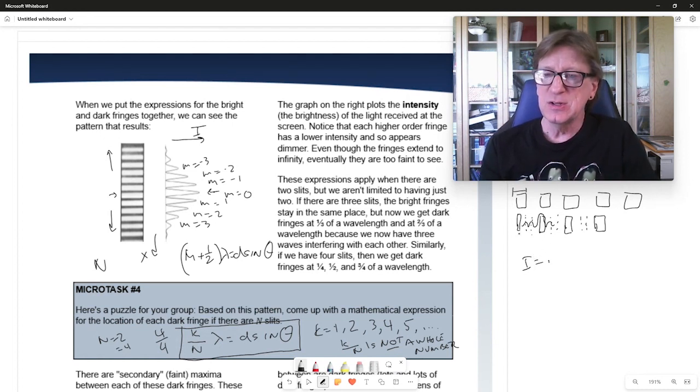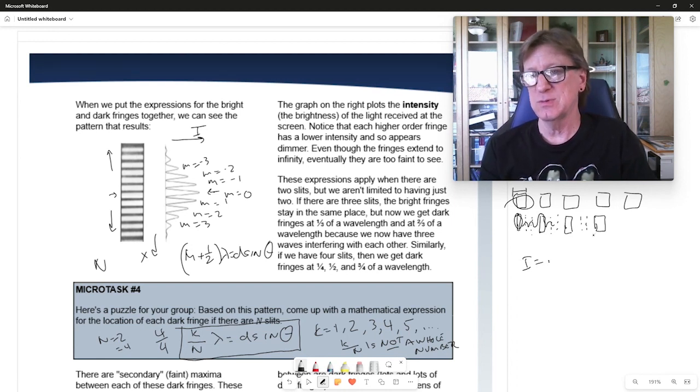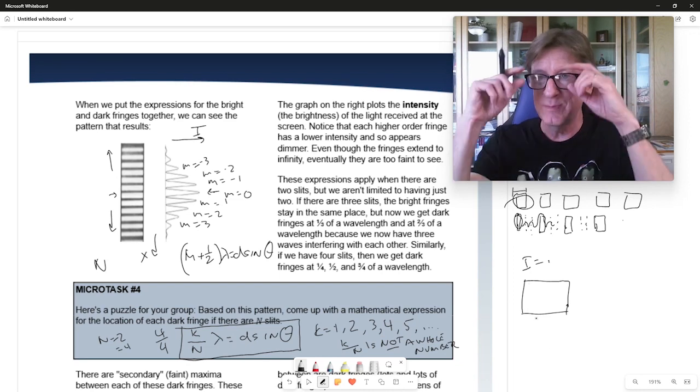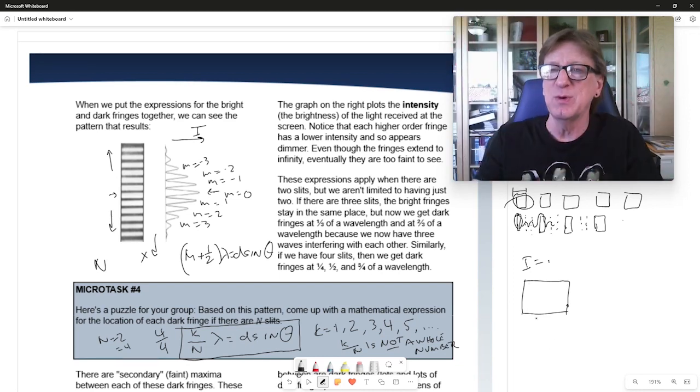So you can think of it this way: I'm taking the same amount of light and concentrating it in a smaller area, and so these things are going to get brighter as a result. And the more slits, the more apertures I have, the thinner these lines are going to be, and therefore the brighter they're going to be. You have probably seen, you probably called them rainbow glasses, but you put them on, you see rainbows everywhere from those.